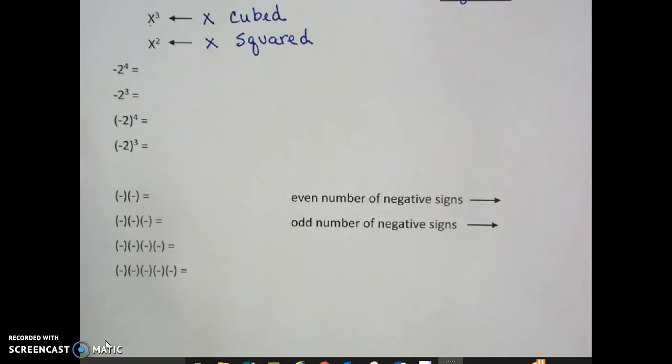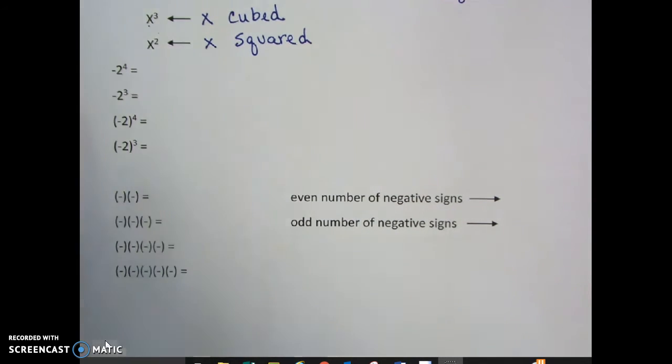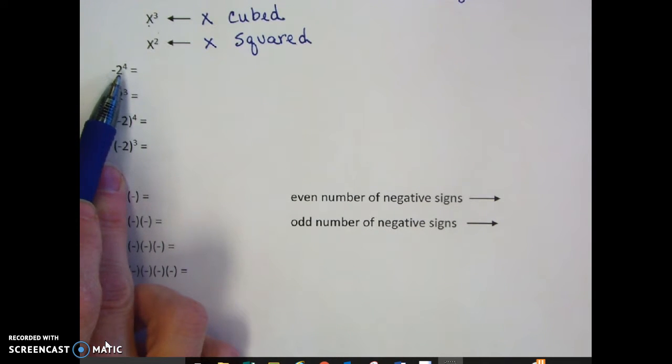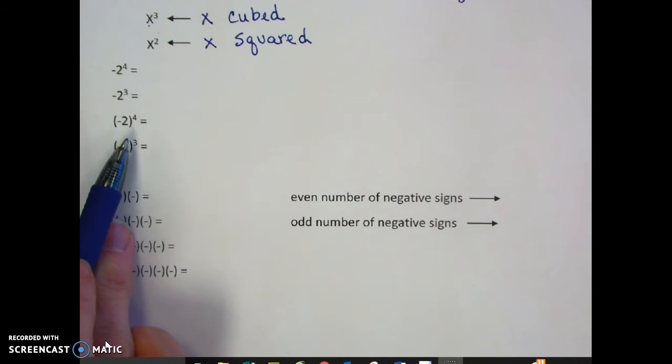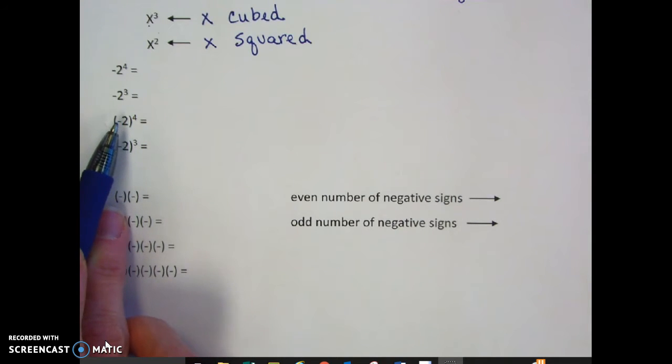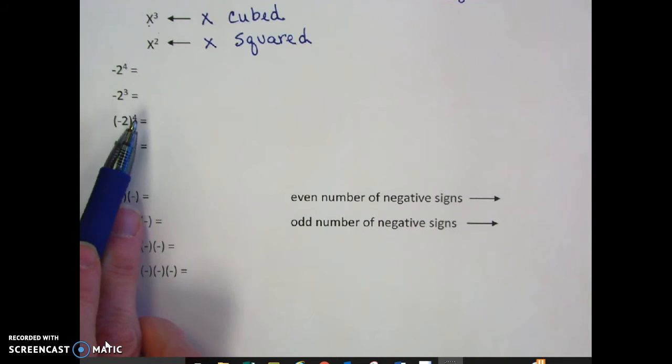All right, so we mentioned negatives a second ago. We're going to take a look at some examples here with negatives in them. Negative 2 to the 4th power without a parenthesis is worked a little differently than negative 2 to the 4th power with a parenthesis. Does anybody know what the difference is? When it has the parenthesis, everything inside the parenthesis is raised to that power.